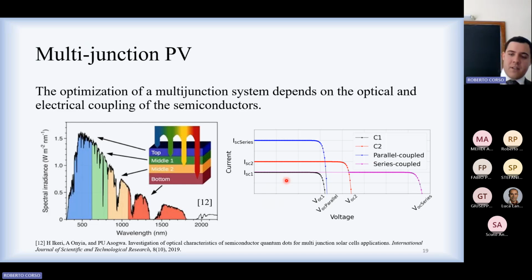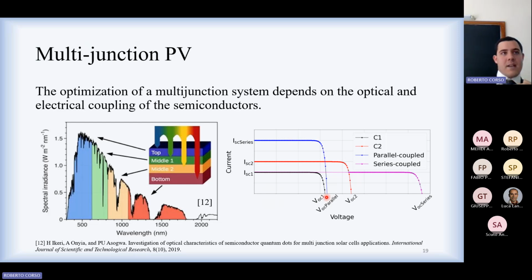So this means that in order to maximize the energy gain from a multi-junction system in series, you will need the same short circuit current from all its component junctions. On the contrary, if I connected the two cells in parallel, we have the sum of the currents, but the voltage will be closer to the lowest of the two.